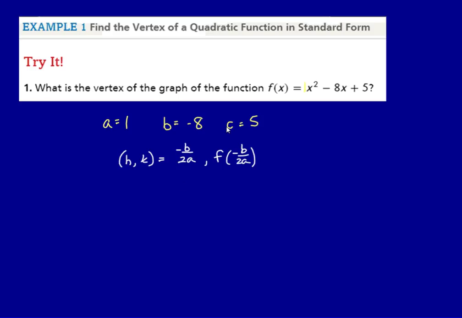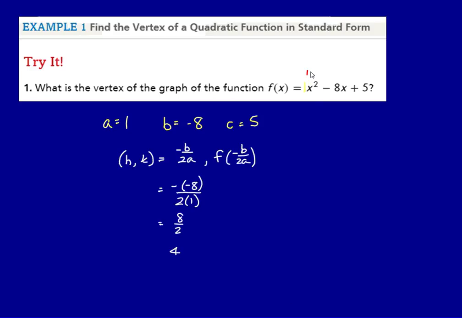So in order to do that, I say, okay, it's going to be negative of negative 8. Now I'm writing this out in a lot of detail right now, just so we can see it for the first time. And it's 2 times a. So that is 8 over 2, or 4. Okay, 4. And now if we plug 4 in here, we can almost do that in our heads.